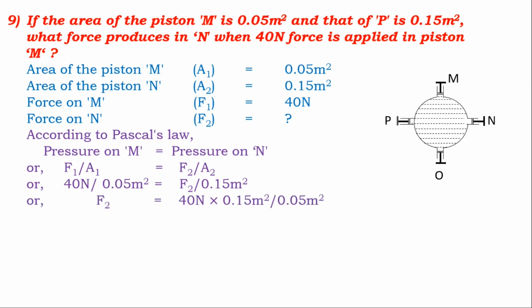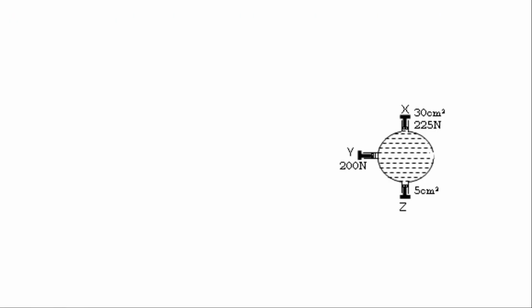Taking all these values, we get the answer 120 Newton. It means the force which appears in piston N is 120 Newton. We have to write one sentence for our answer also: therefore, force on N is 120 Newton. Let's go to another question.